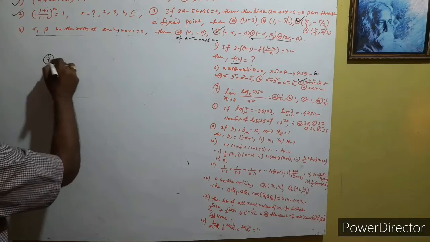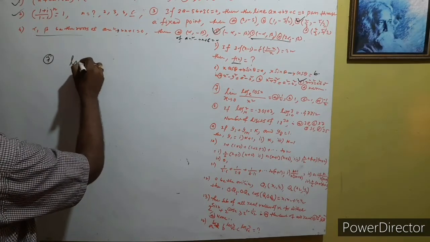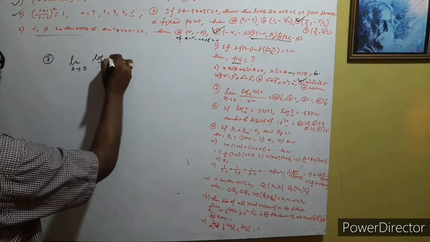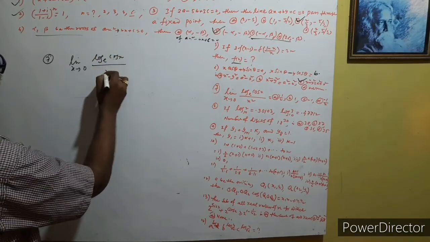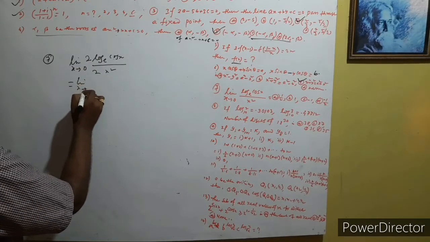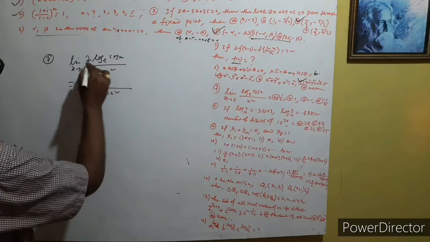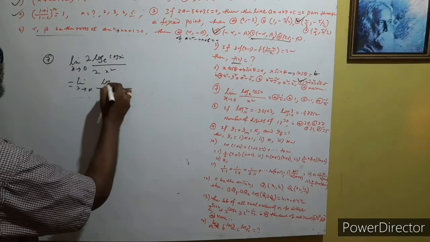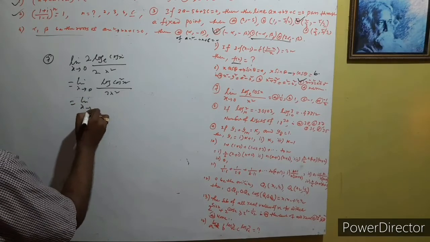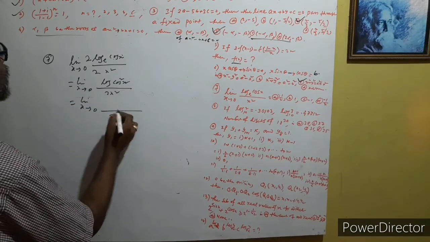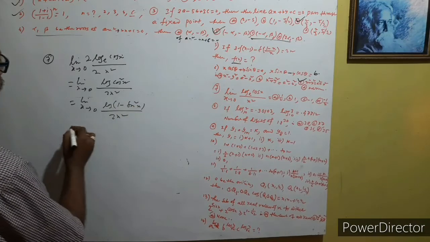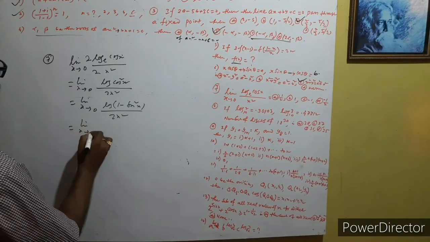Some of the students are applying L'Hospital's rule, but it is easy to use the normal form, that is log cos x by x square. Now multiply by 2, then limit x tends to 0 of log of cos square x over 2x square, so log of 1 minus sin square x, limit x tends to 0.